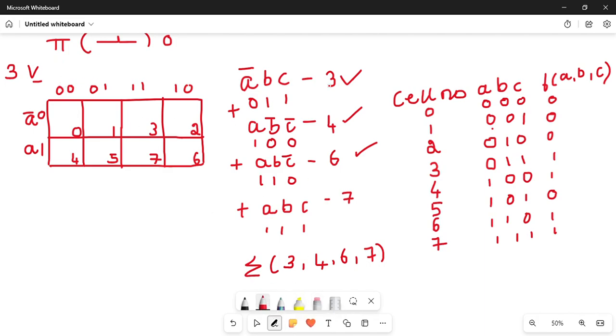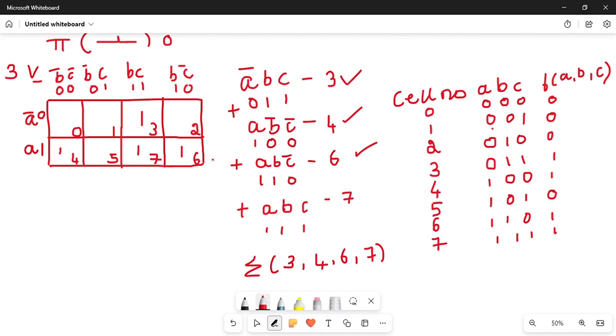Okay, this B bar C bar, B bar C, B C and B C bar. You can write like this, and then this is my 3, 4, 6 and 7, right? So this is how a 3 variable K map is constructed.